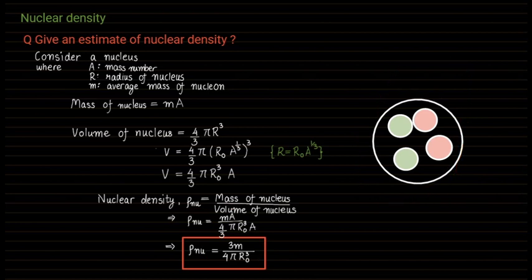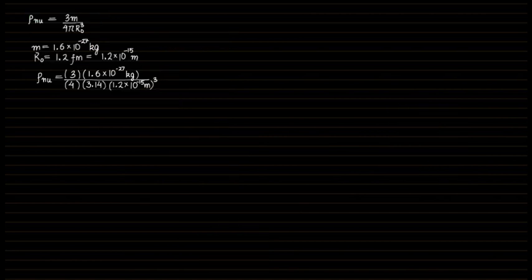So what does this mean? It means that the nuclear density is the same for all the elements. Clear? This nuclear density is a constant and it is the same for all the elements in the periodic table. And how much will be that constant value? To calculate, substitute these values. You have 3 here. The average mass m is 1.6 times 10 to the power minus 27 kg. 4 is 4. Pi I can write as 3.14.